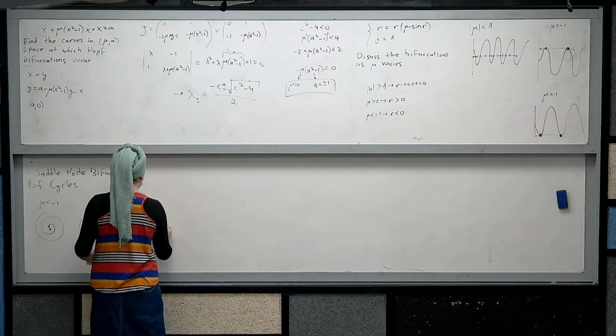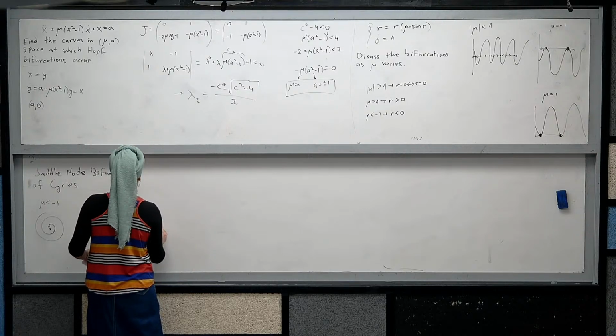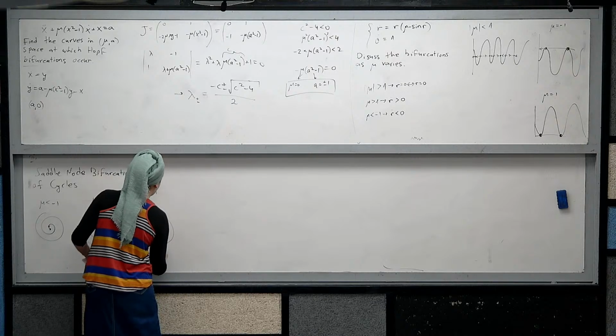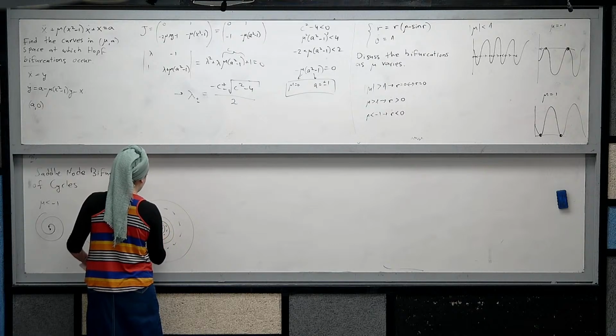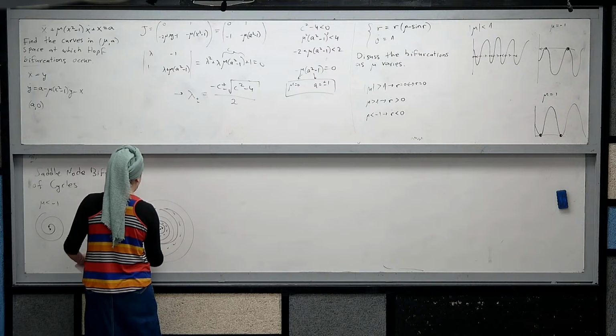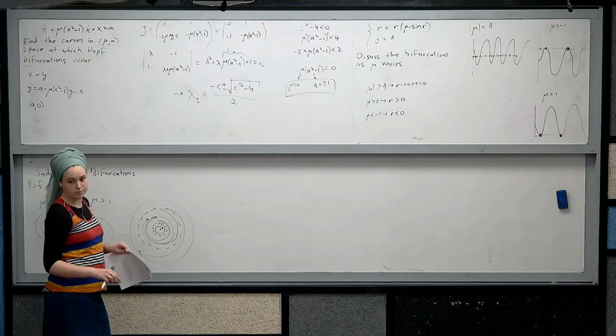And between them we have r equals 0, and then many cycles, that go inside and outside from the cycles.